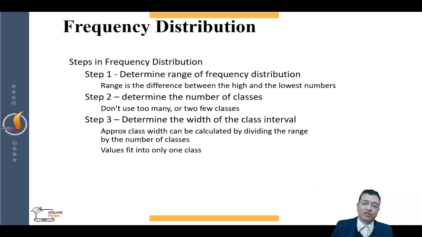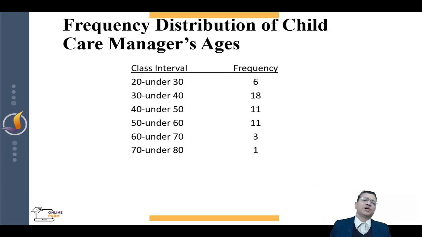Now what would be the width of the class? Simply, first you decide how many classes you want from this particular data. Then the range can be divided by that number and you will get an approximate idea of the class width. If the number comes out as a fraction, you need not worry about that. Take the nearest number, make it a round figure.